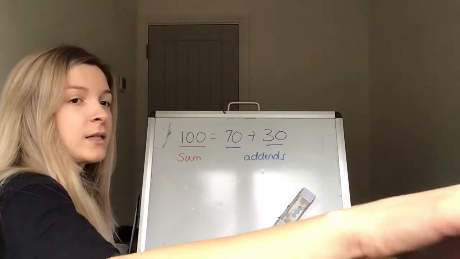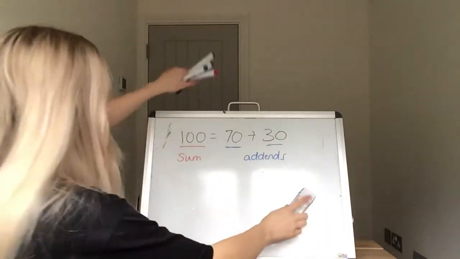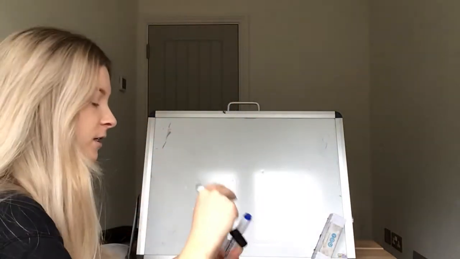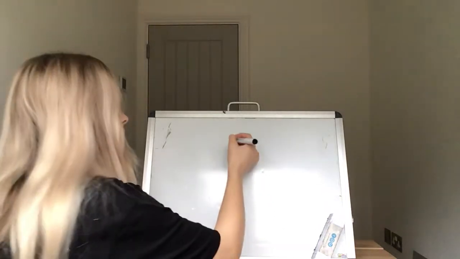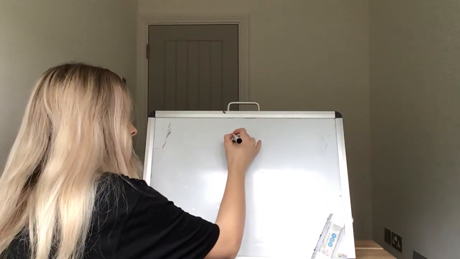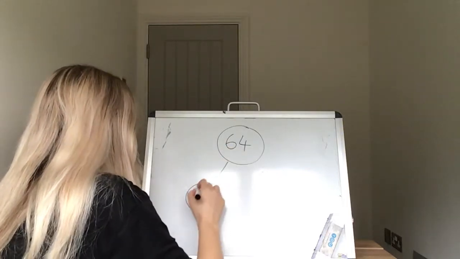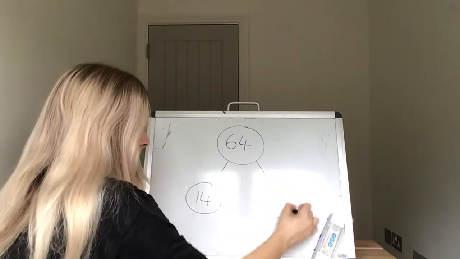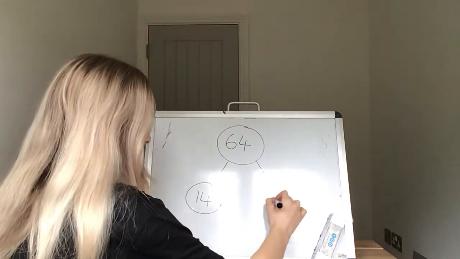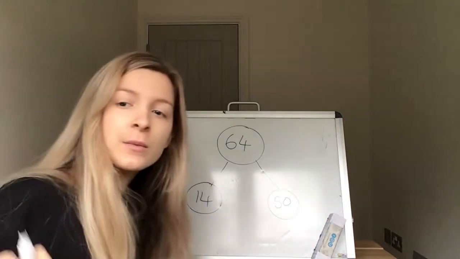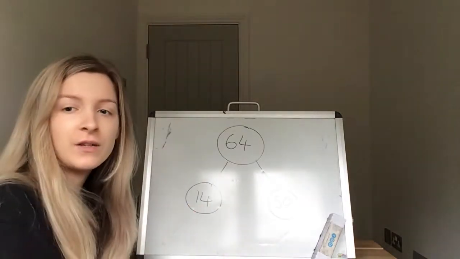Okay, right, let me see. What about if I gave you a representation that looked like this? Okay, I hope you can see that. So that's 14 and that's 50.